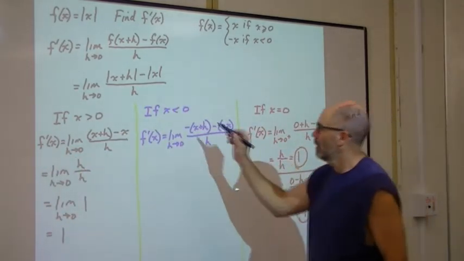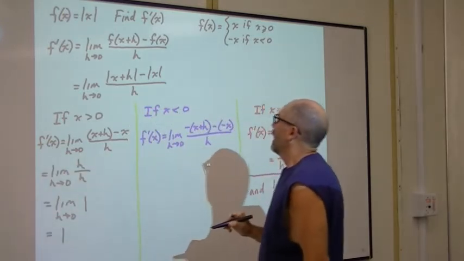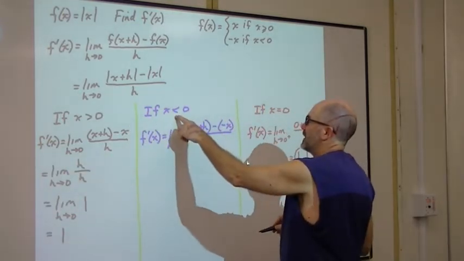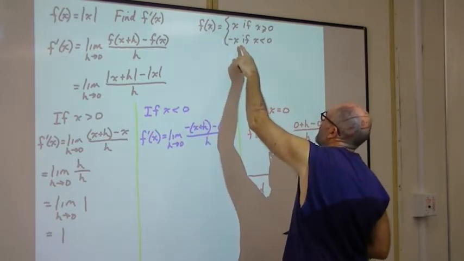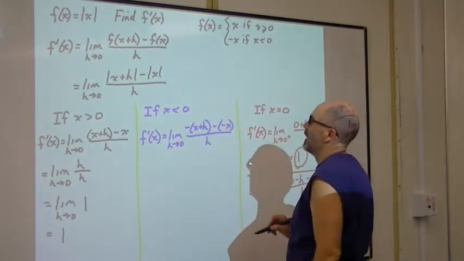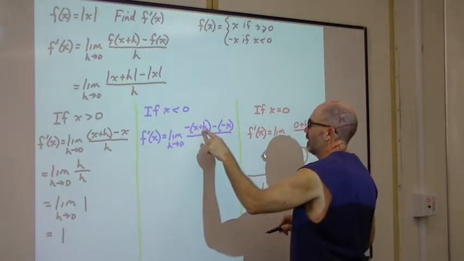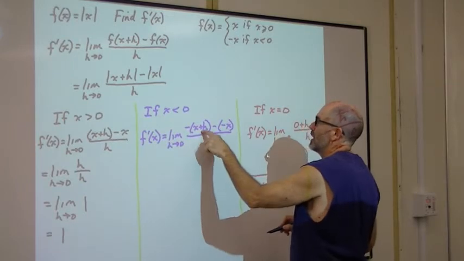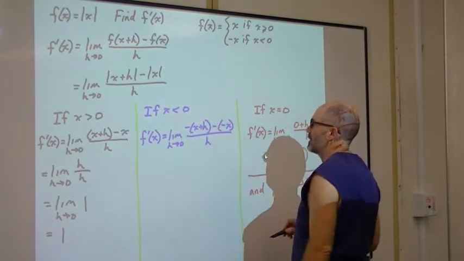Okay, now, on to our negative case. If x is less than 0, then the function is going to be the negative of whatever value we have. So, absolute value of x plus h becomes the negative quantity x plus h. And absolute value of x becomes negative x.